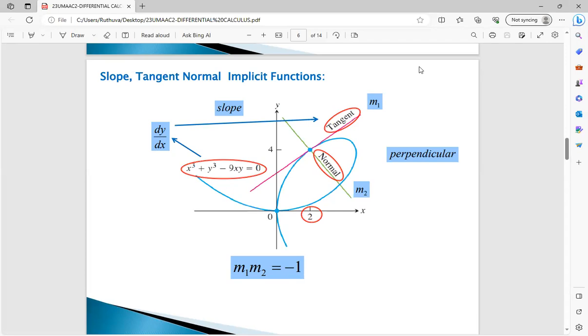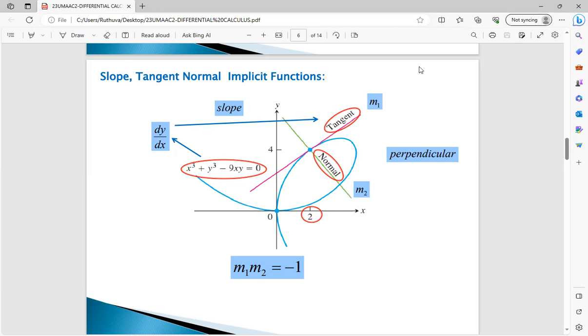In the curve, we are taking one point, the normal, that is M2, and the tangent to the curve, that is M1. See that the normal and tangent are perpendicular, so the value is M1 into M2 equal to -1. This diagram clearly shows that the implicit function's tangent and normal are perpendicular.